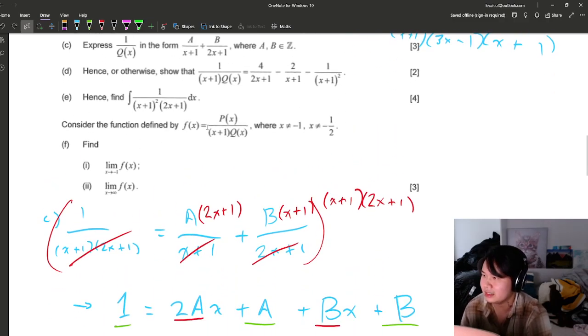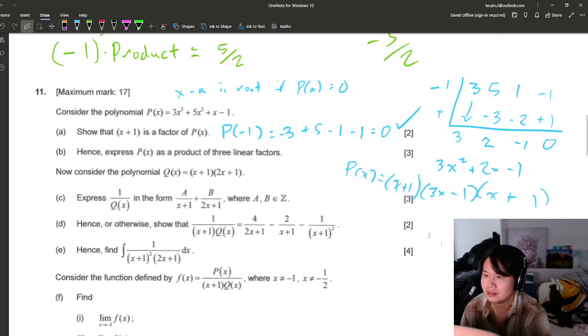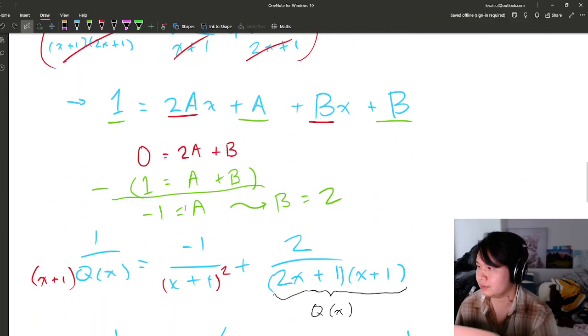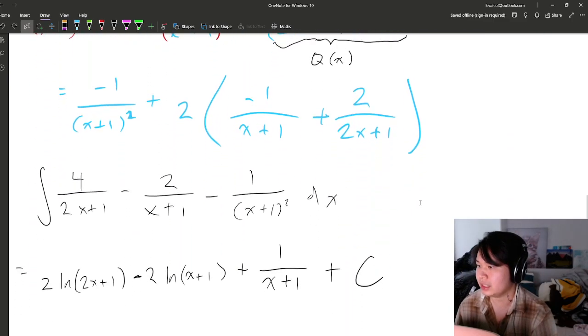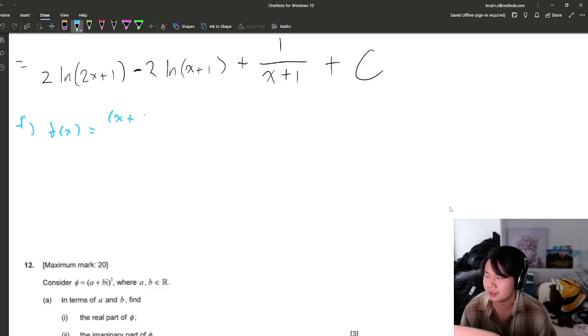Then we need to consider this function. So now we're going to take p of x, which is this thing. We're going to divide it by x plus 1 q of x. And then we're going to talk about certain limits here. Okay, so f. So what did we say p of x was? It was like x plus 1.